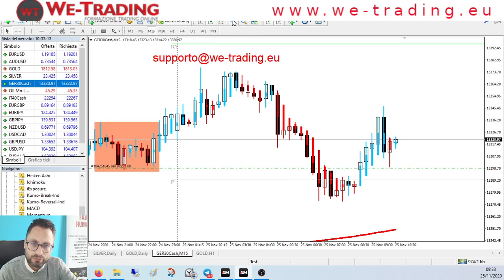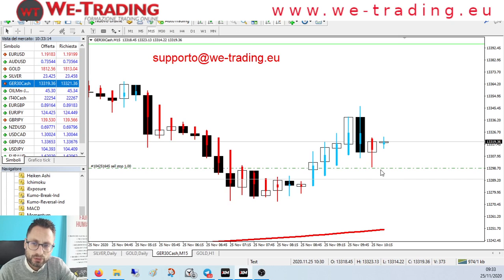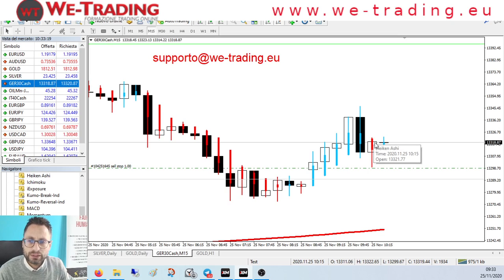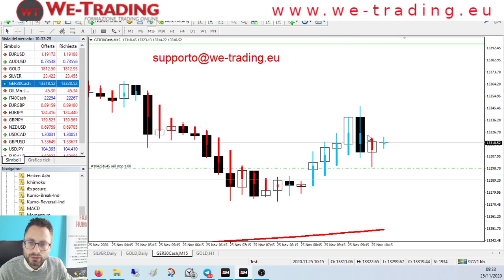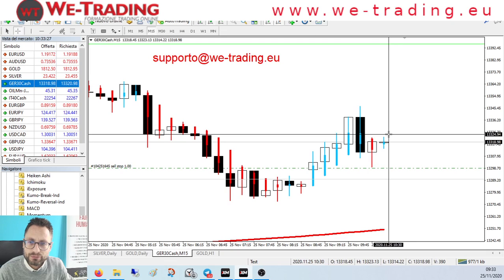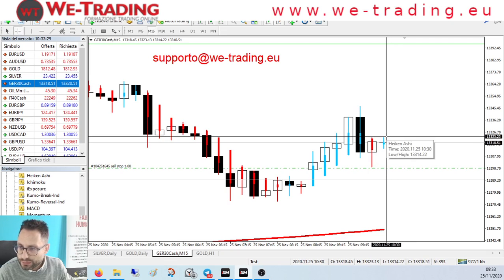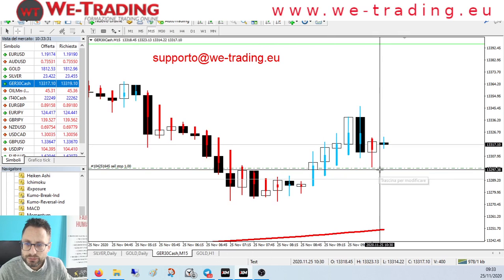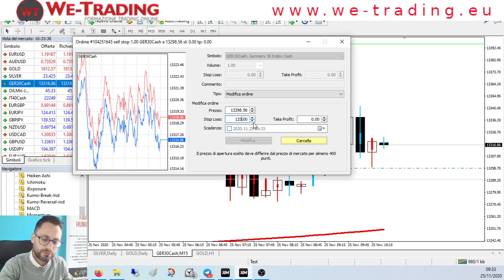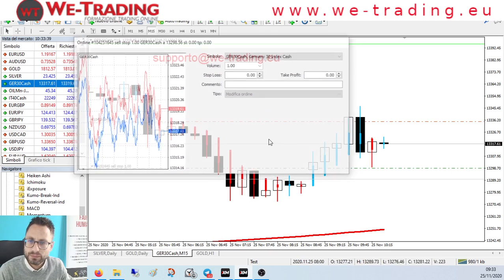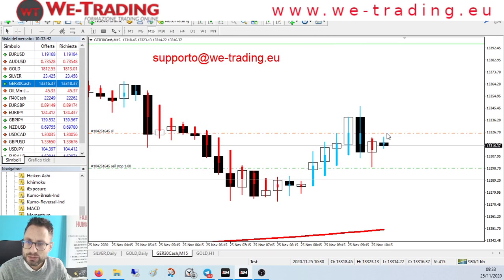The stop loss will go on the opposite side of the chart. So this stop is, for example, here. So we need to set the stop at 315, 335. No, it's too much.